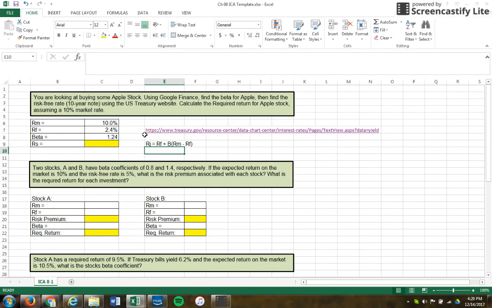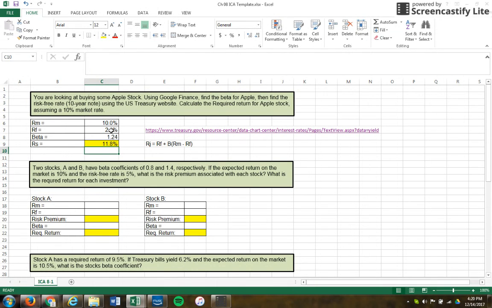So to find the return on a stock, R of J, is the risk-free rate, 2.4%, plus beta times, and then we need our parentheses here, the market return minus the risk-free rate. Once we have that, we'll close our parentheses and hit enter. That shows an approximate return on Apple of about 11.8%.